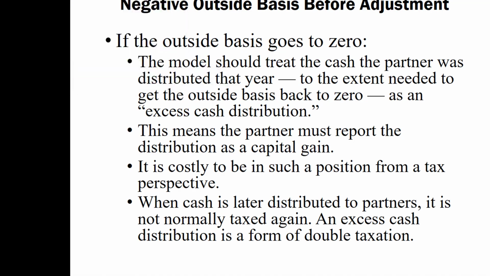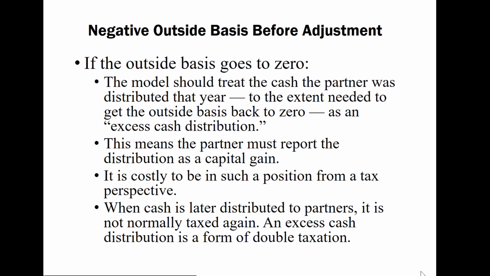Okay. If this is dealing with these things called capital gains, if the capital account on this famous outside basis goes to zero, and you get a cash distribution, this is called an excess cash distribution.